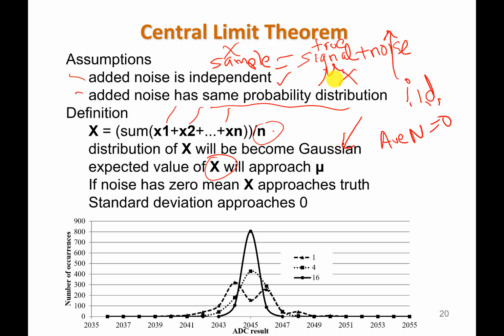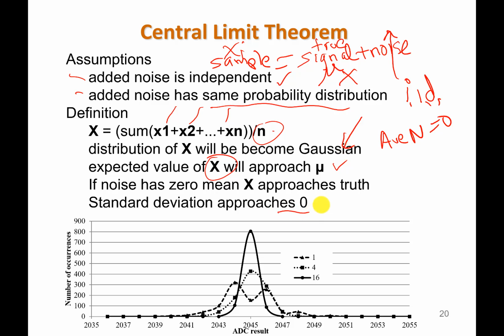So if mu is the true signal, x sub i is a single sample, and the sum of the x's is capital X, then the expected value of the average will approach the true value, and the standard deviation goes to 0.